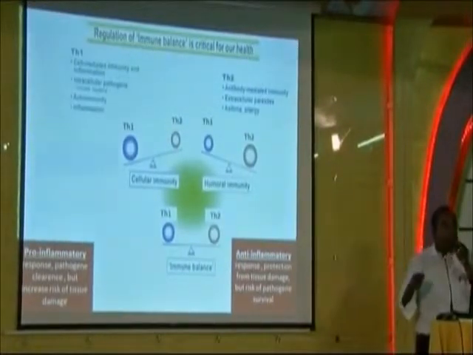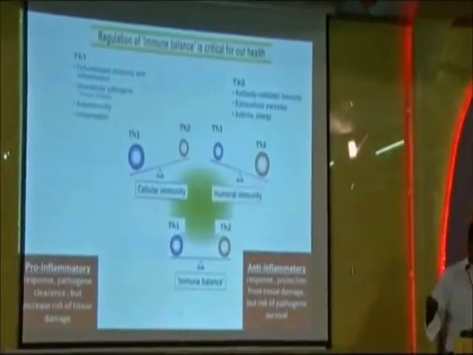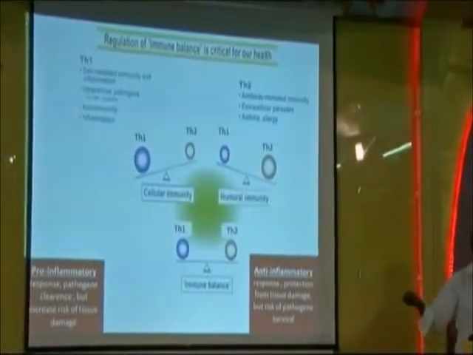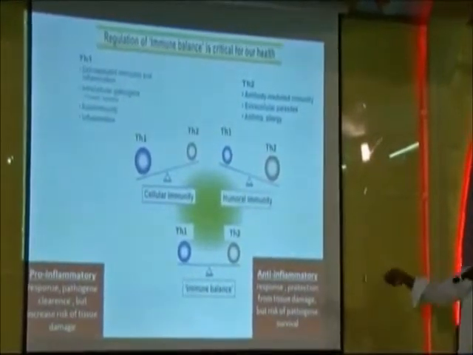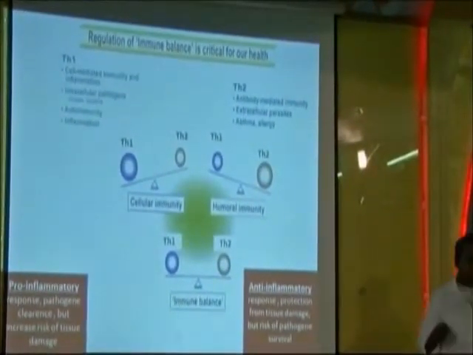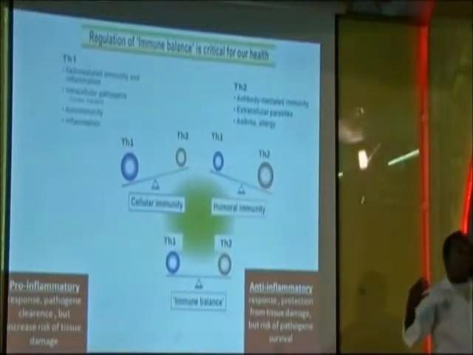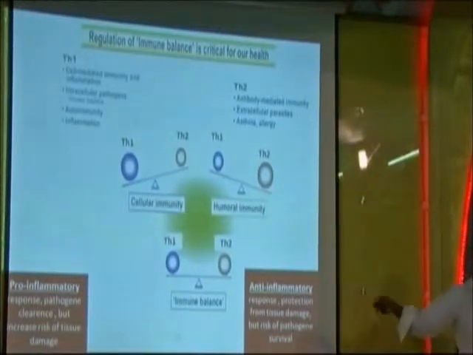what happens? You can also start getting autoimmune disorders. Your healthy cells are being destroyed. So you should not be hyperactive on TH1. And here again we see what is called TH2, which is antibody-mediated immunity. In antibody-mediated immunity, your tissues and cells are not being destroyed, but you will start getting allergies like asthma, these kinds of allergic reactions.